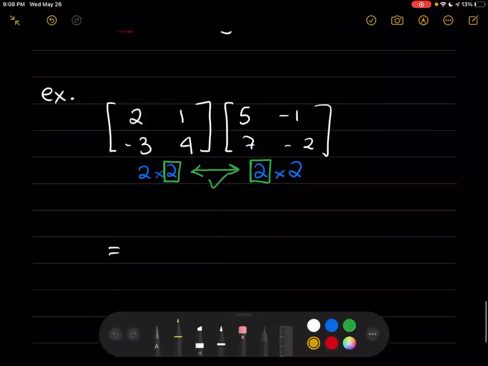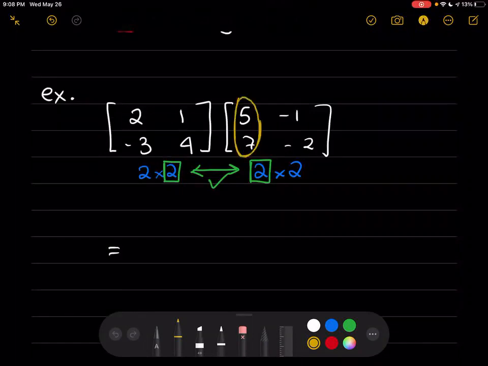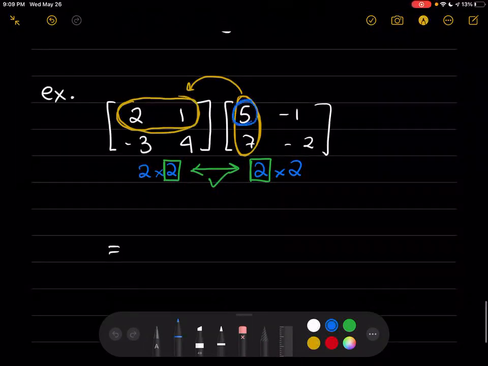So here's the way I think about it. I start with the first column of the second matrix, and I combine it, is a better word probably, with the first row of the first matrix. And so what we end up doing is this 5 is going to end up being multiplied by this 2, and this 7 is going to be multiplied by this 1.